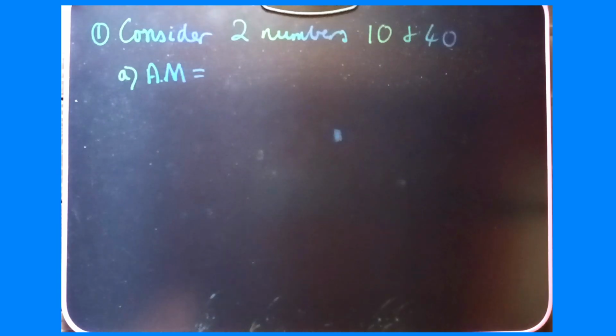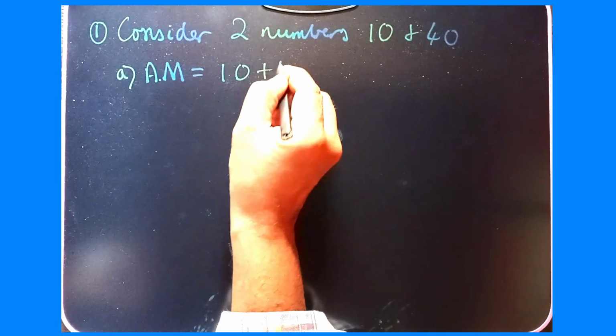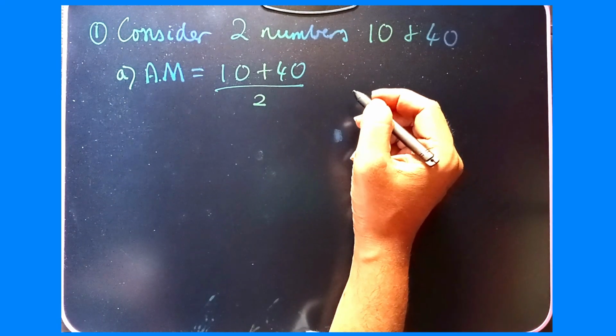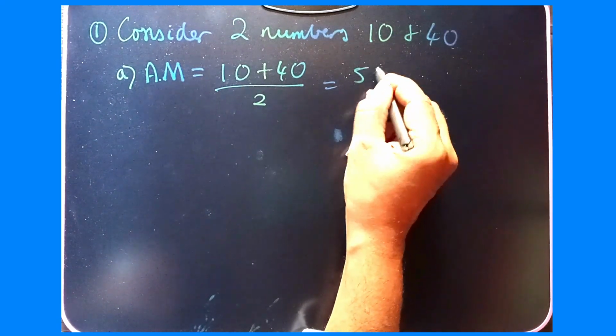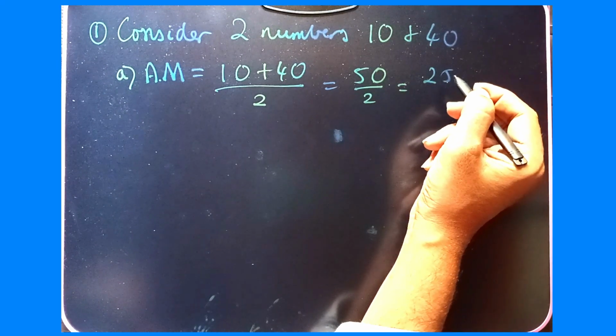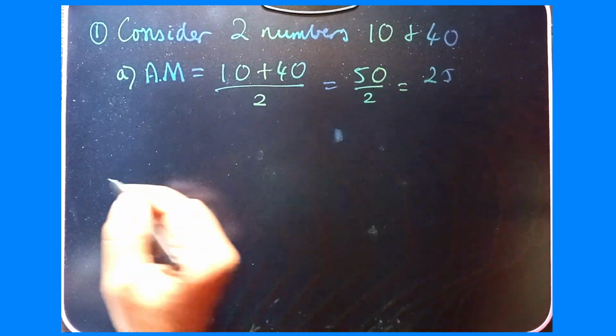Average of 10 and 40. So you have two numbers, so average of 10 and 40 will be 10 plus 40 divided by 2, right? So what's going to happen? It's going to be 50 divided by 2, which is 25. This is going to be your arithmetic mean.